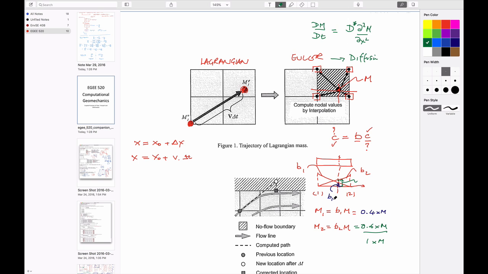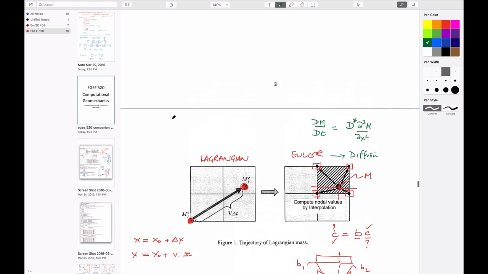So now we can use these concentrations calculated at these nodes to redistribute it throughout the rest of the mesh just by solving the diffusion equation for one time step and see how it will change. That redistributes those masses. We then go back and start with the particles again, and make another Lagrangian step. That's really what it is. That's the physical workings of it.